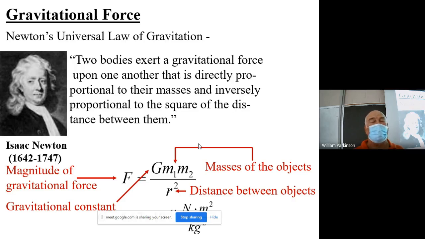But since the Earth has a mass of 10 to the 23, when you put that number into this formula, even with your small mass or my small mass, the mass of the Earth is so big that there's a huge gravitational force exerted between you and the Earth.